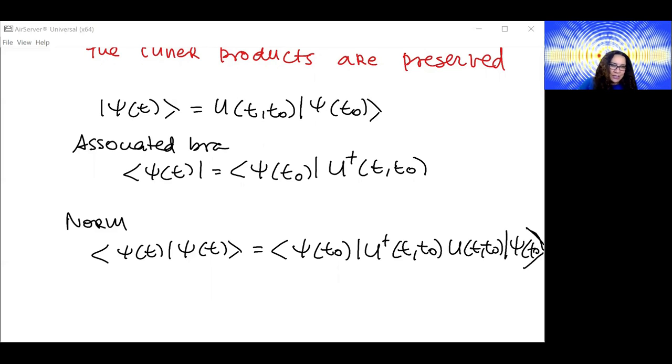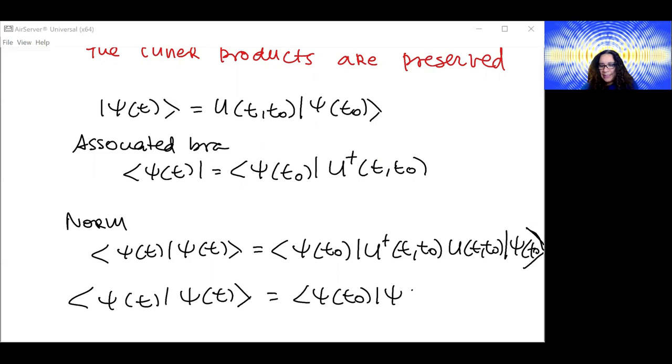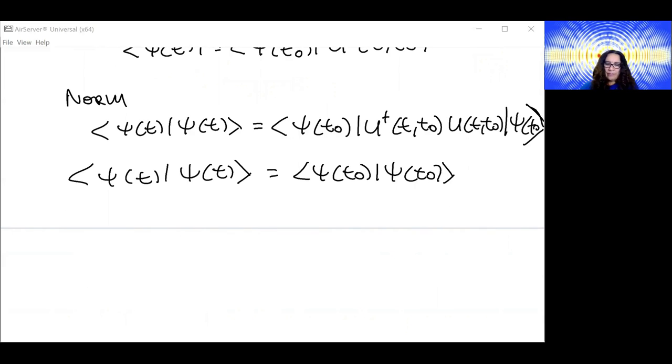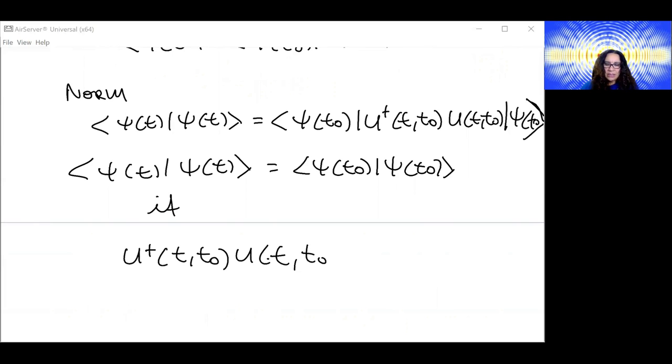The only chance we have to achieve that the norm of this state vector at the time t is going to be equal to the norm of the state vector at a previous time t0, is if U dagger(t, t0) U(t, t0) is equal to the identity operator.